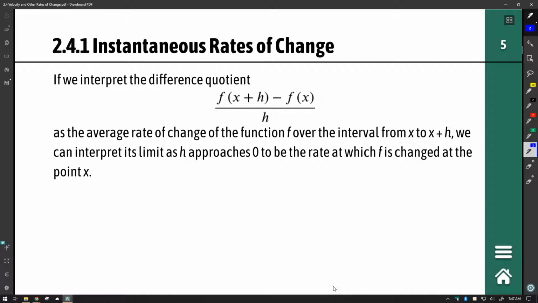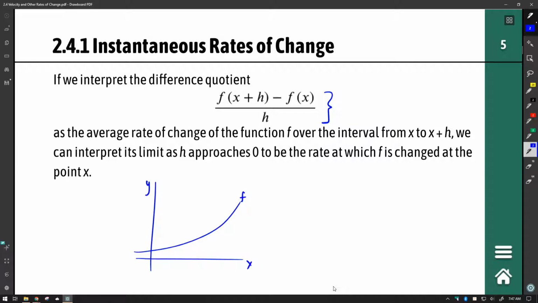So if we interpret the difference quotient, and that's what this is, the difference quotient, as the average rate of change of a function f over the interval from x to x plus h, we can interpret the limit as h approaches 0 to be the rate at which f is changing at the point. And so what we're thinking here again is an XY coordinate grid, and we have our function f.